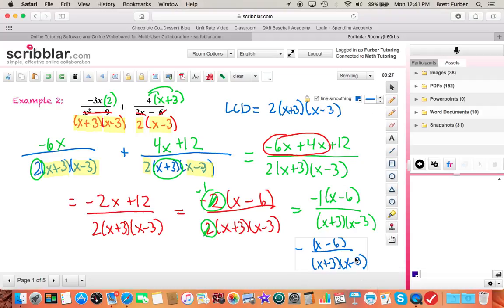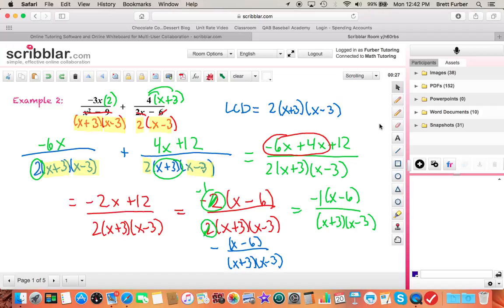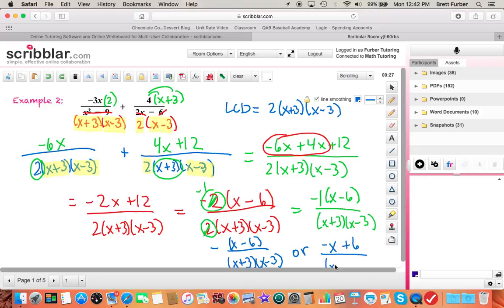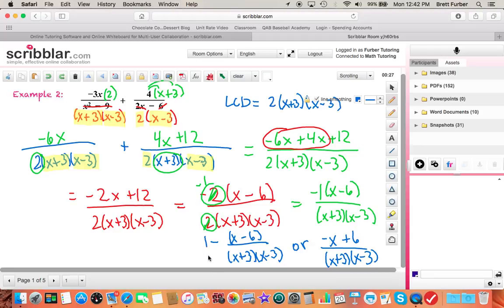You can just attach it like the whole fraction's negative. Or I can distribute this, and I would get negative x plus 6 over x plus 3 and x minus 3. It doesn't really matter to me which way you do it. If you want to leave it as a negative fraction, that's fine. If you want to distribute the negative 1 and multiply it out, either one of those will be acceptable. Okay?